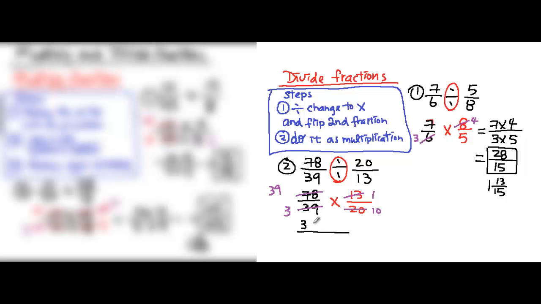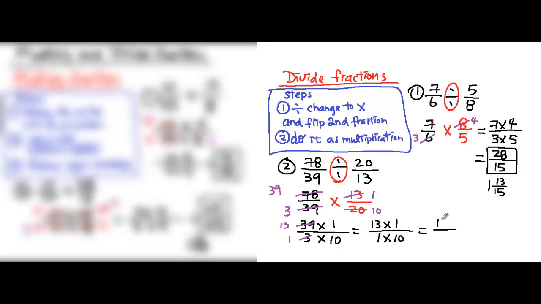Here I have 39 times 1 and 3 times 10. I hopefully can see that 39 and 3 both can be reduced by 3, right? So I can go further: 3 times 1, 3 times 1, 3 times 3. So I should get 13 times 1 on top and 1 times 10 at the bottom.